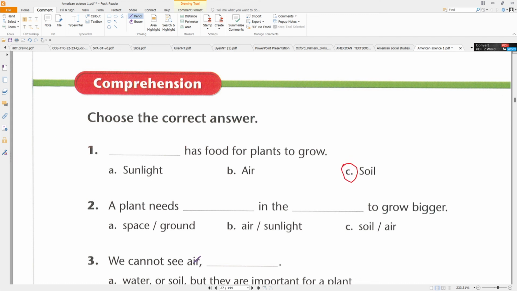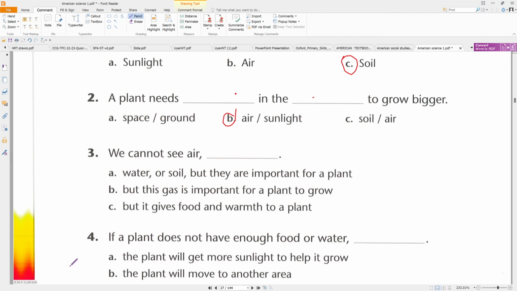A plant needs to have space in the ground, to have air and sunlight, to have soil and air. Well, in the soil, in the space, this one is the letter A and this one is the letter B.